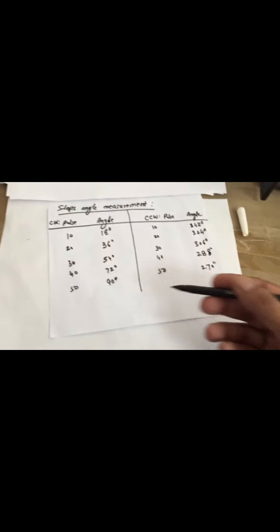So this will be 306. And if in this way we will complete the table, then we will find the next one will be 288 and 270. Okay.